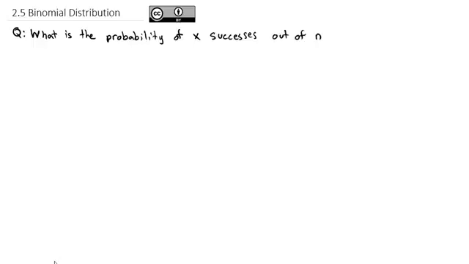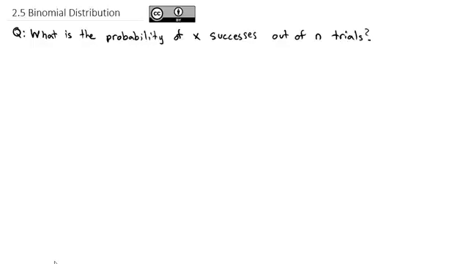This video is going to take a look at a special type of discrete distribution called the binomial distribution. And the binomial distribution helps us calculate the probability of x successes out of n trials.